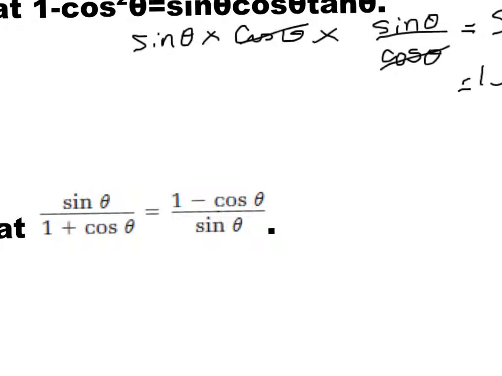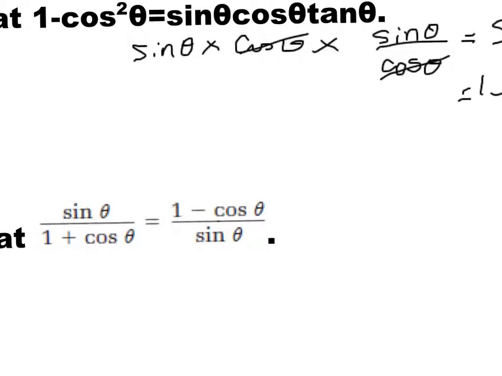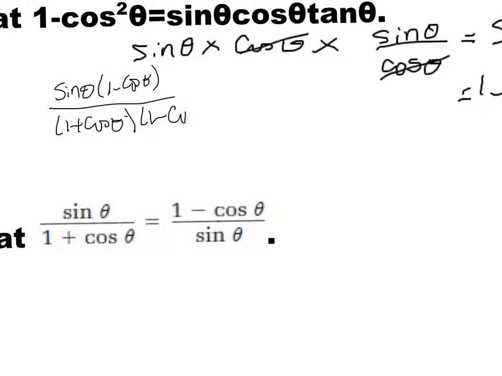So the left becomes sine theta times 1 minus cos theta divided by 1 plus cos theta times 1 minus cos theta. Everybody okay? I'm just multiplying numerator and denominator by the same number.